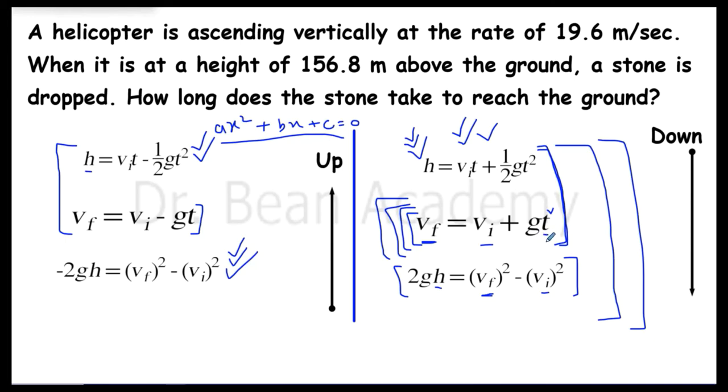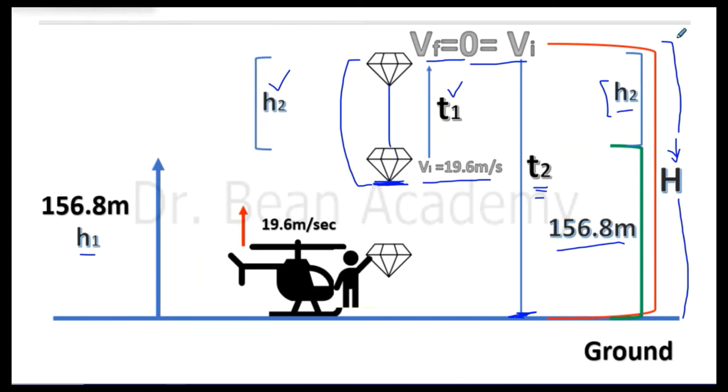But if I want to use this equation, just look at the other variables. All I know is the maximum height of the object and the initial velocity. I don't know Vf, the velocity just before hitting the ground. So I know only Vi and height.